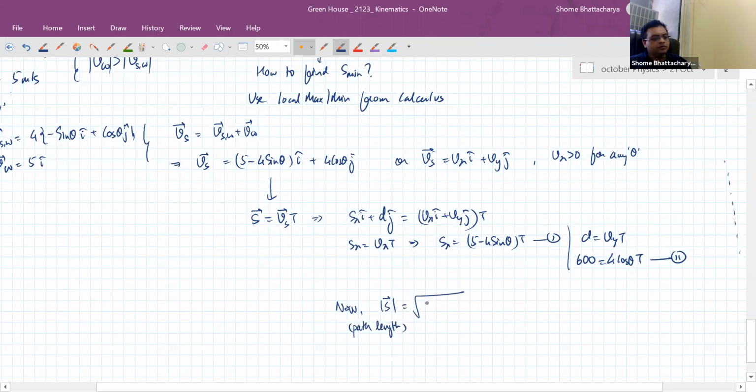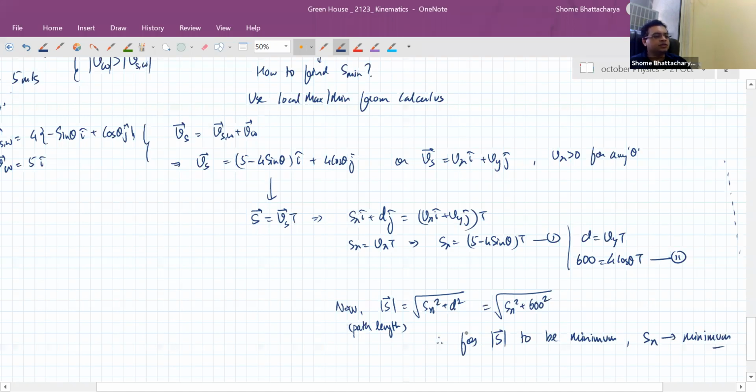It is square root of Sx square plus d square. D is a fixed quantity, we cannot change that. So therefore, for mod S to be minimum, Sx must be minimum.